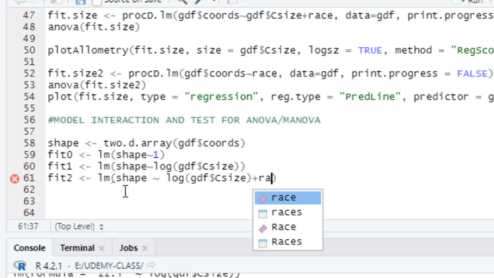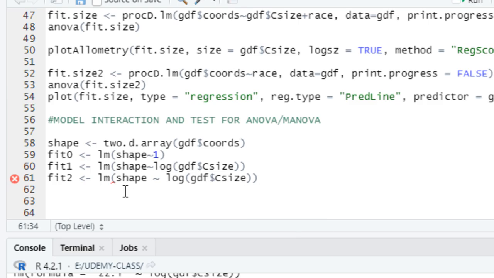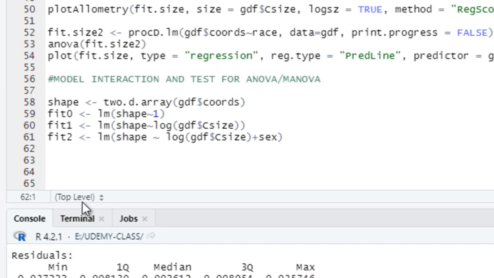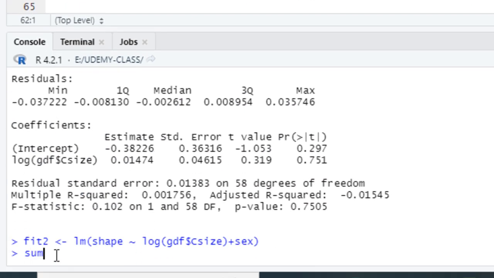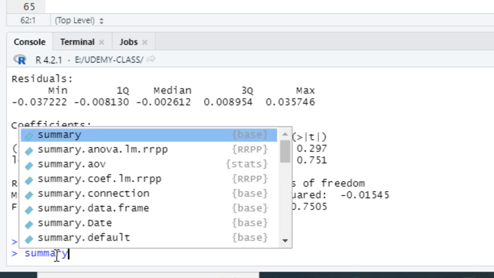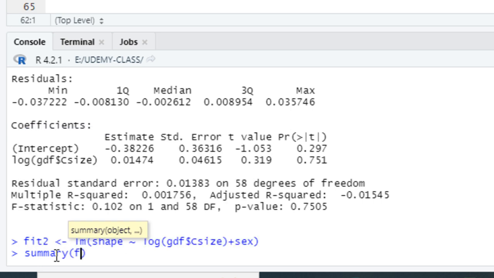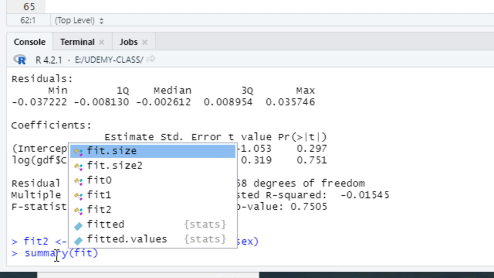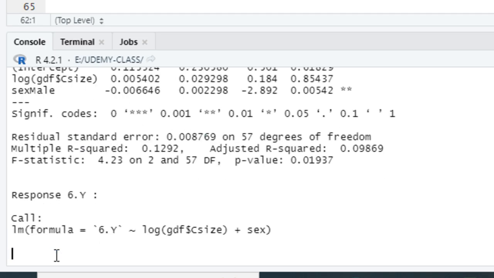Let's test for textual dimorphism. Let's see if it is effective. Let's run this. Summary fit 2. This tests for textual dimorphism actually, right? So we want to test textual dimorphism and see if it is significant.